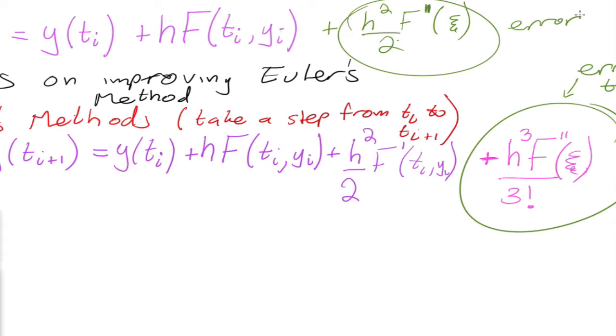If you're looking at Euler's method, the error will be in the neighborhood of 0.1 squared times some stuff, right? So 0.1 squared is 0.01.